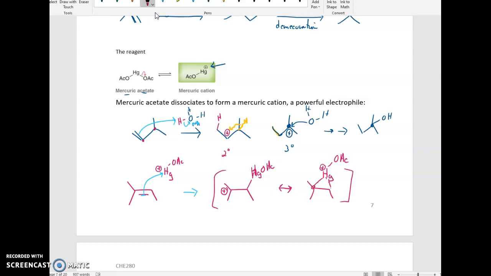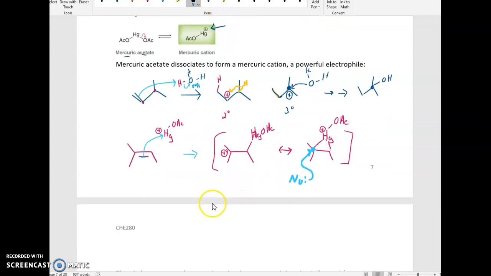This position right here is still subject to nucleophilic attack. A nucleophile will like to come in and attack that. But it's stabilized so that it does not rearrange while it's waiting to be attacked. The carbocation is stabilized.